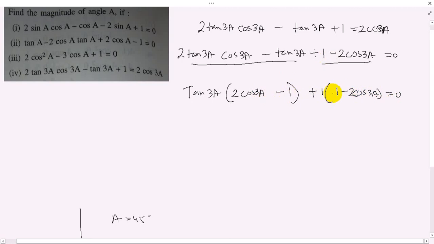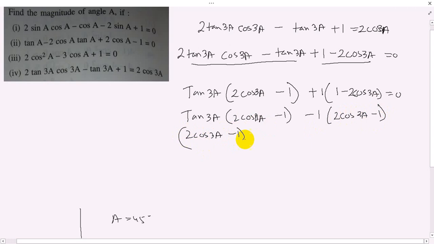But here it is 2 cos 3A minus 1 and here it is 1 minus, so to get the same we take out minus 1. So 2 cos 3A minus 1 and tan 3A minus 1.